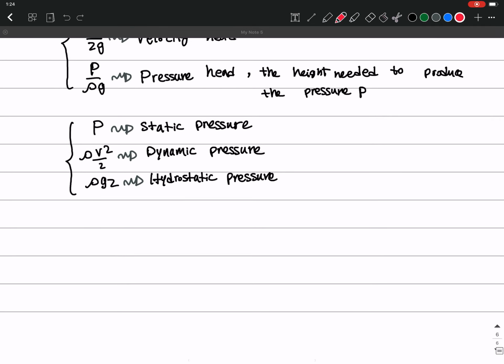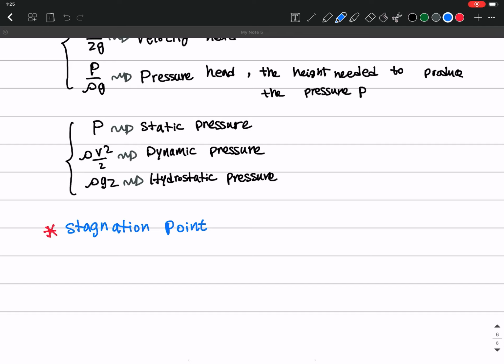So let me now introduce another important concept, called the stagnation point. You might hear this when you solve examples, in the literature, or even when you look at the book.